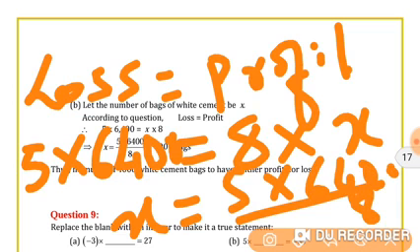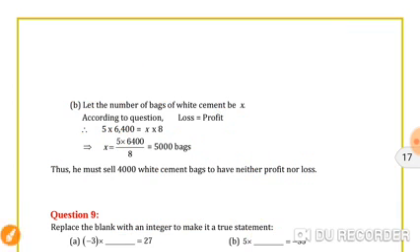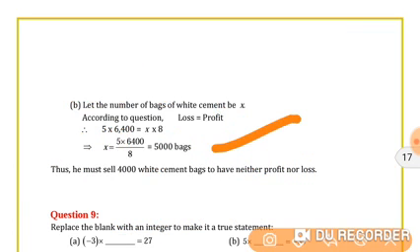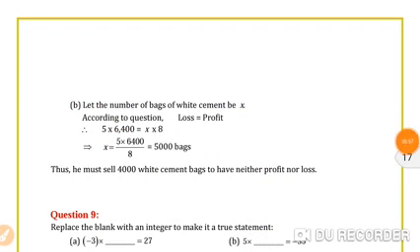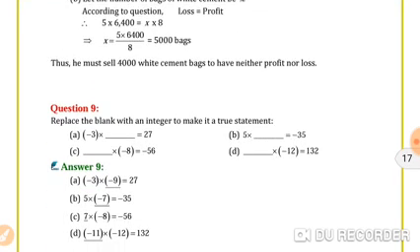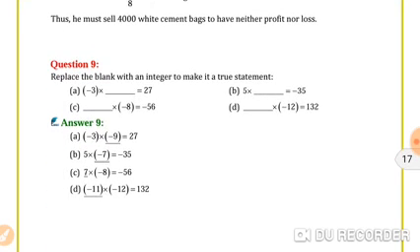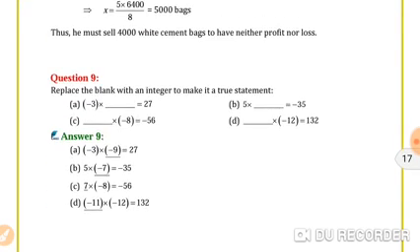That gives 4,000 bags. So thus he must sell 4,000 white cement bags to have neither profit nor loss. So this is all about exercise 1.2.1.3. Remaining fill in the blanks, you can learn and do as homework.